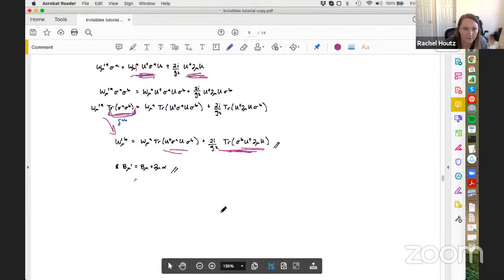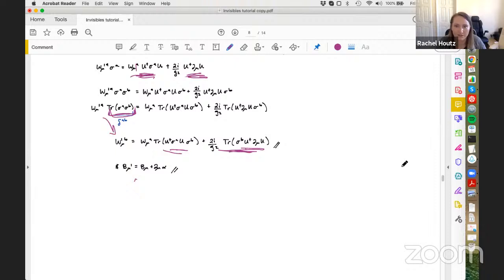And we already knew how B mu transformed. So now we can see that with transforming gauge fields, we can restore local invariance, and so we can take a Lagrangian that was globally invariant and make it locally invariant. Are there any questions about this part?